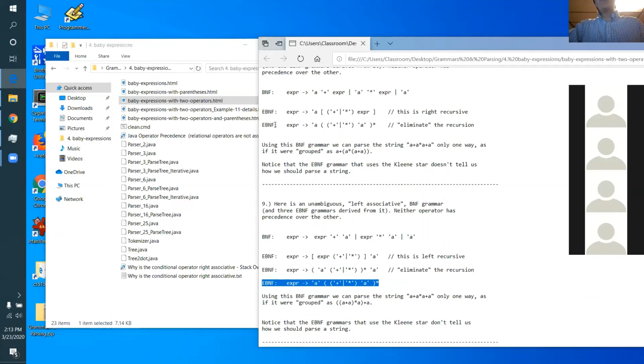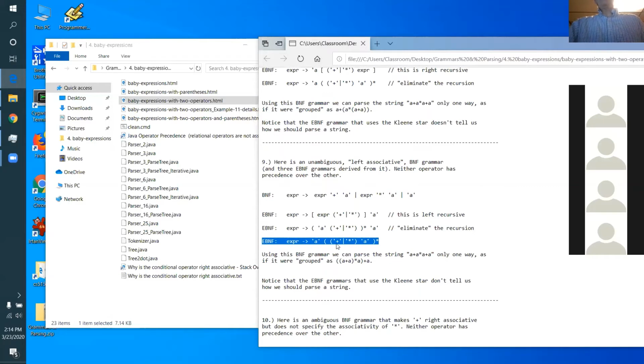Remember, we talked about this a little bit last week. When we eliminate the right recursion, we get this. When we eliminate the left recursion, we get this, but this is actually unprogrammable. You can't iterate to the left. So we make it look like this, but then we have to write our code as a bottom-up parser instead of a top-down parser.